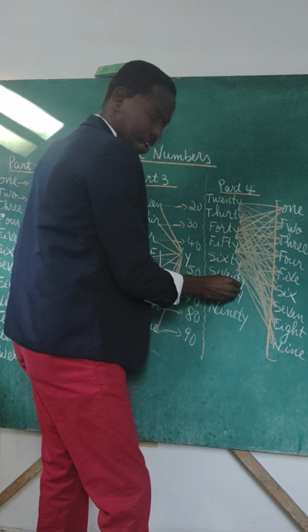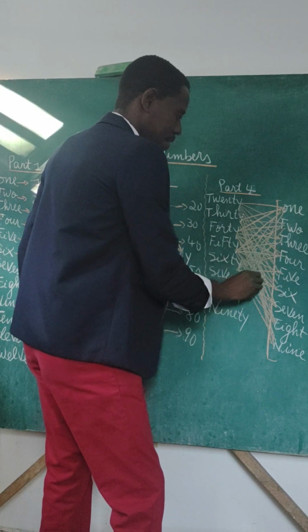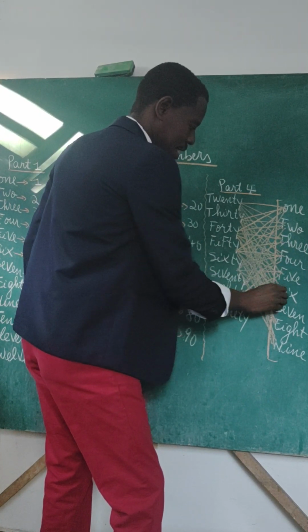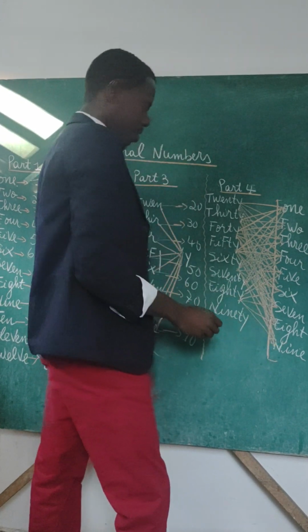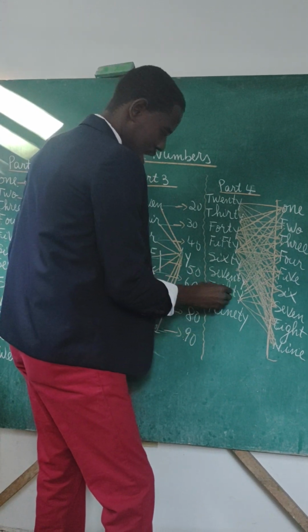70. Remember? 70. I continue. 71, 72, 73, 74, 75, 76, 77, 78, 79. Okay? So, how do you say this number in English? 80.